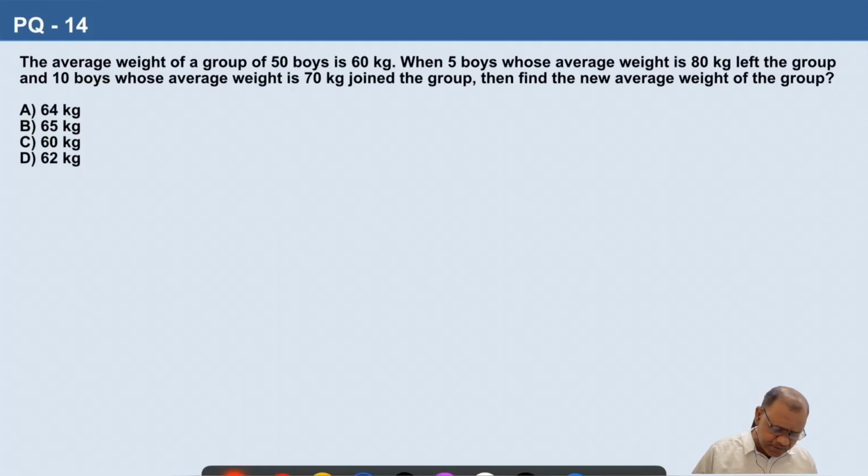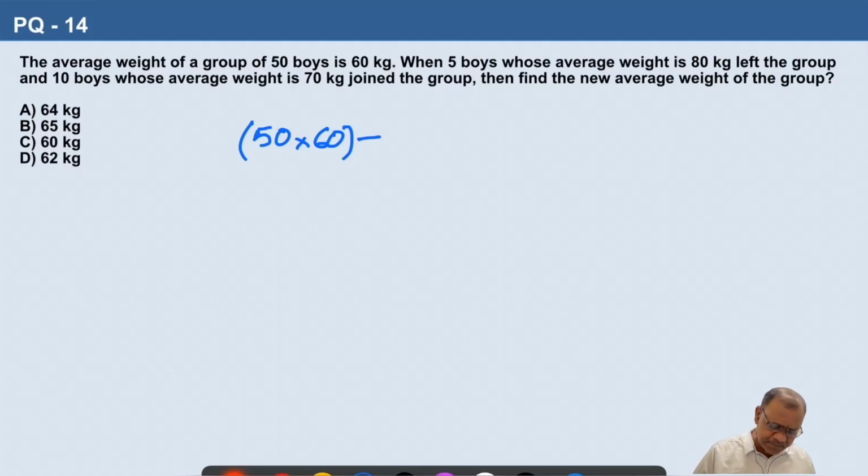Initially we have 50 boys and their average is 60. So 50 into 60 is the total weight of 50 boys. From this, 5 boys whose average weight is 80 left.